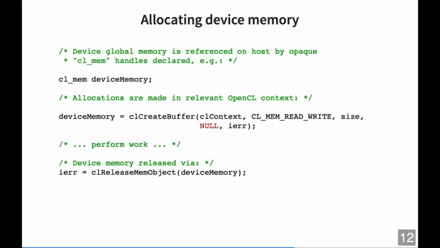All device memory references are handled by this opaque entity, which we see at the top here, CL_mem. So this is just a handle to device memory, which we can make an allocation against using this API called CL create buffer.